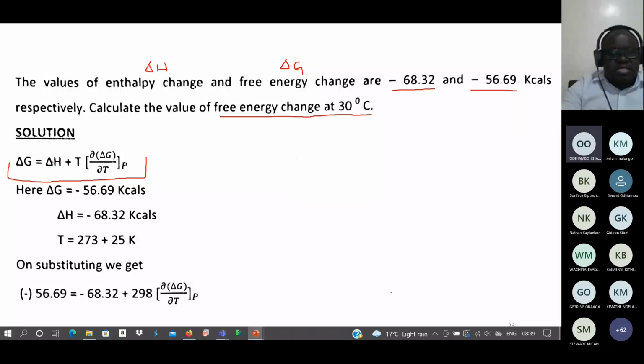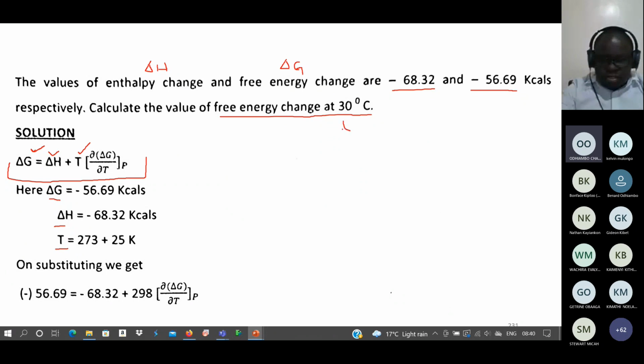delta H plus T into brackets, the change of Gibbs free energy with temperature at constant pressure. So delta G here, we have been given the values for delta G and delta H. We have these two, and we also have the value of T. Of course now here it is in degrees Celsius. You have to convert that to Kelvin. When you see capital T, you know that is in absolute temperature.